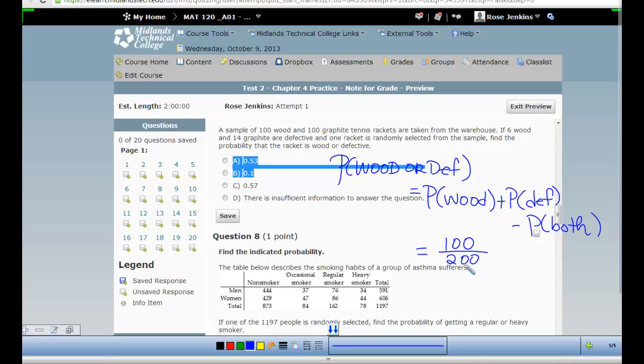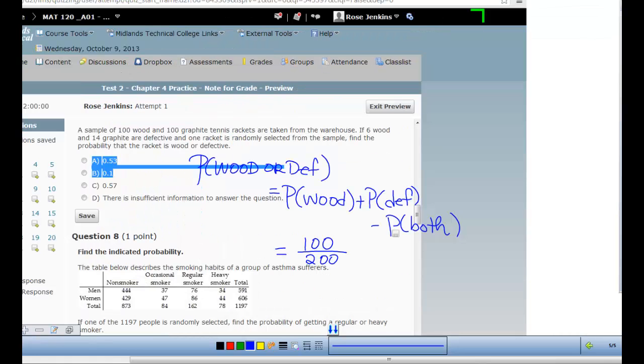What we're missing that I think I might have done is a contingency table. Remember we talked about setting up the contingency table? That might be helpful. This is an example of a contingency table. And so sometimes we're given a problem like this, we need to come up with our own contingency table. I'll put it over here. We've got 2 categories. We've got wood and graphite, and we also have what? It works or it's defective.